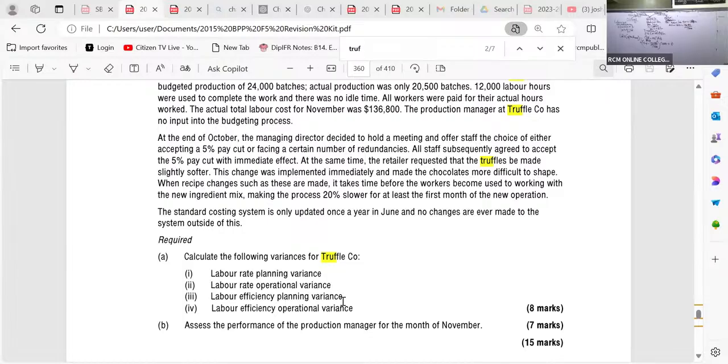Can I give you 2 minutes to try? See whether you'll be able to get the answer I told you. Labor efficiency variance, but planning.